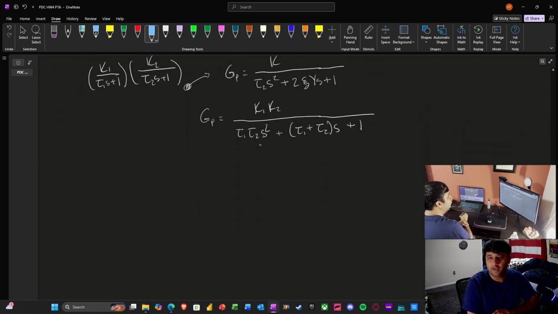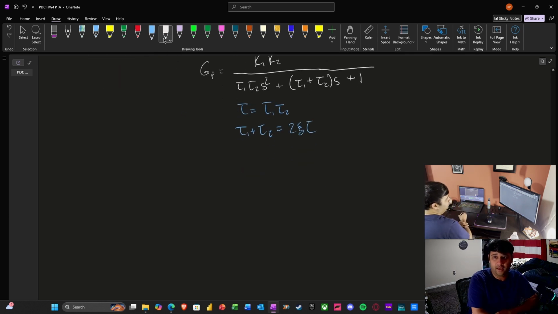I want to state that tau squared equals tau 1 times tau 2, and tau 1 plus tau 2 equals 2 zeta tau.